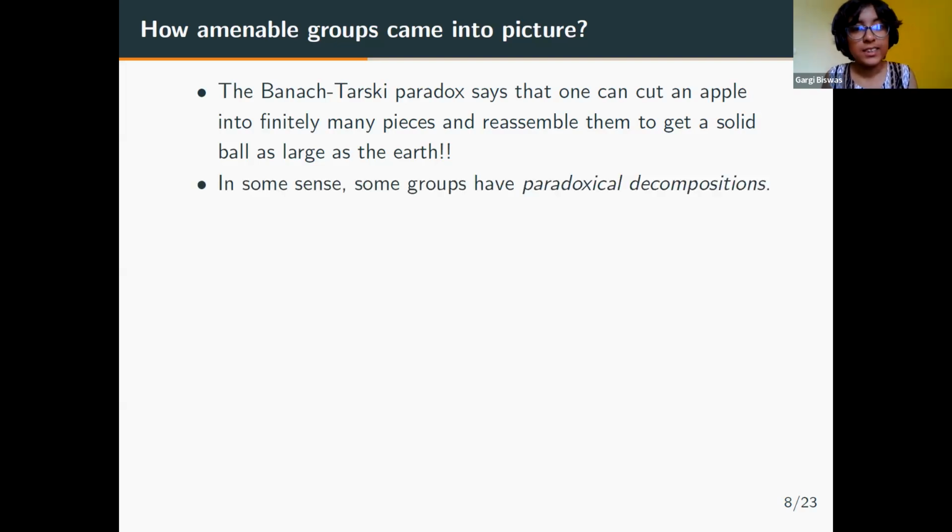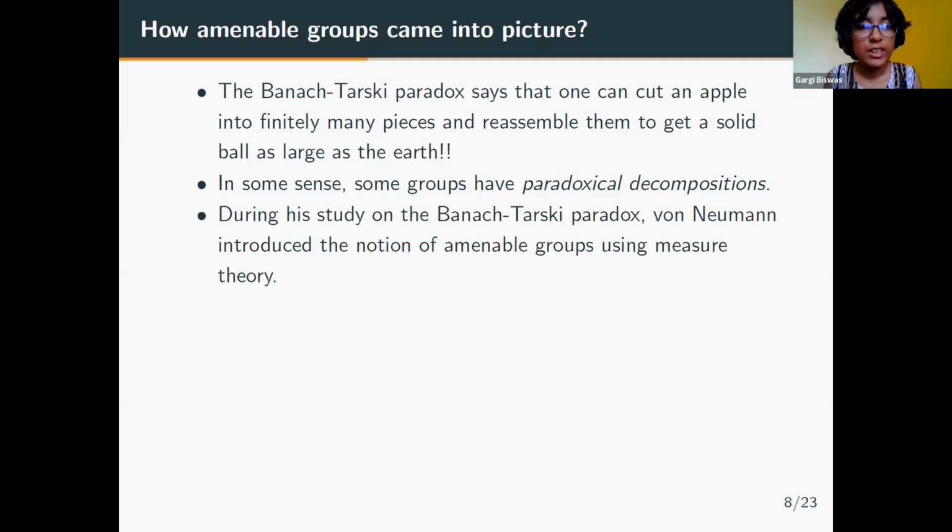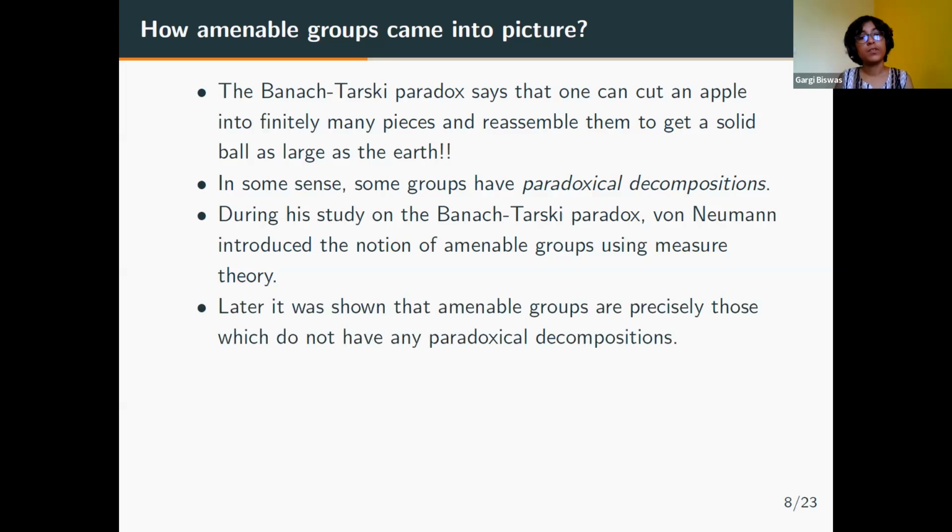In some sense, some groups or some spaces have paradoxical decompositions. During his study of the Banach paradox, von Neumann introduced the notion of amenable groups using some measure theoretic terms. Later it was shown that amenable groups are precisely those groups which do not have any paradoxical decompositions.